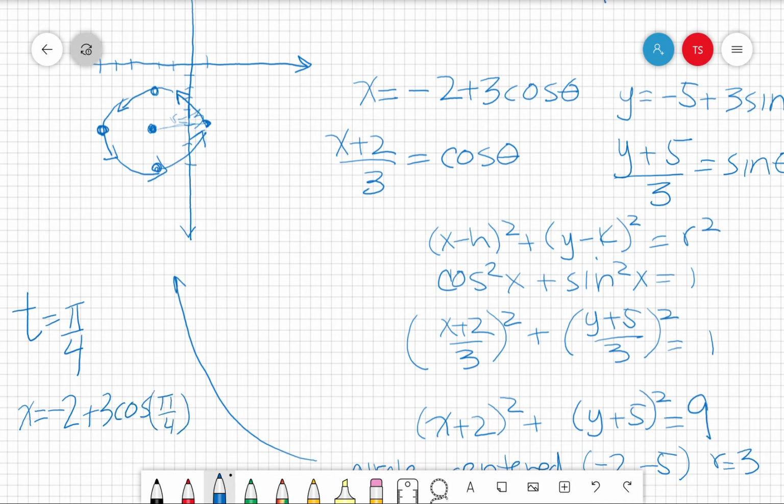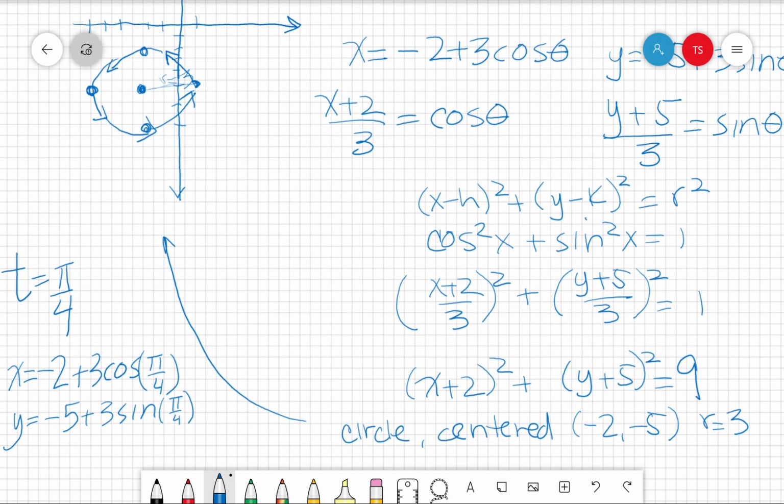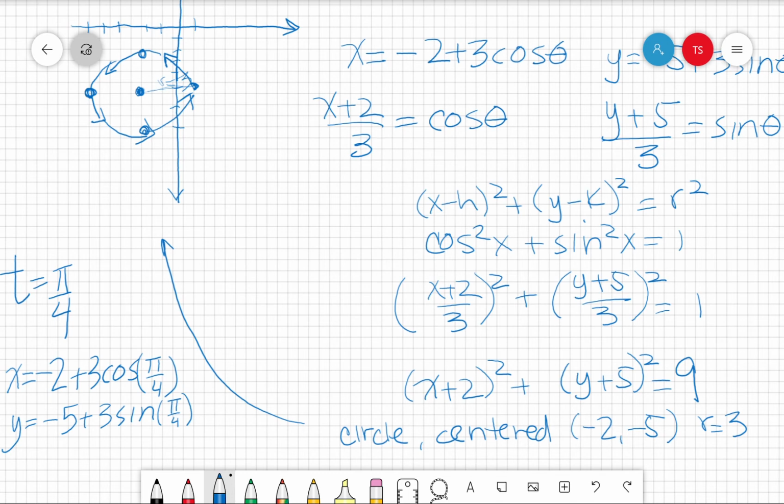And my y would be equal to -5 plus 3 sine pi over 4. And just to give you an idea of where that point is, that's going to be the point 0.12 and -2.8. So that is about right here, in a different color. So we're going to find the slope of the tangent line at that point.